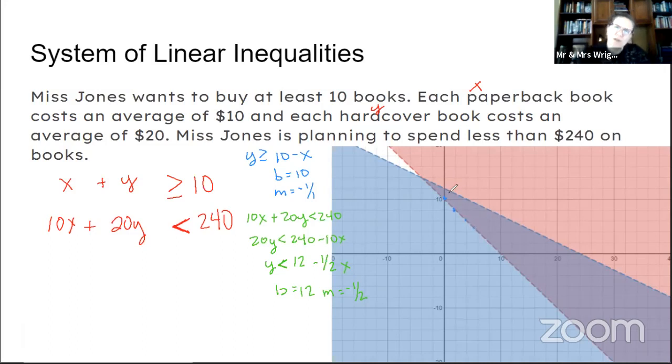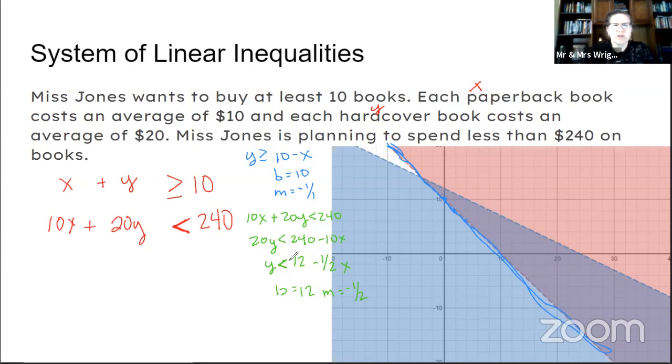So that's my slope. So this is the one that needs to be the solid line here. Oh, this is why I do it in Desmos, so you don't have to suffer through these lines. I'm so sorry. Okay. So we know that y is greater than, so this is the side that's shaded for that one.